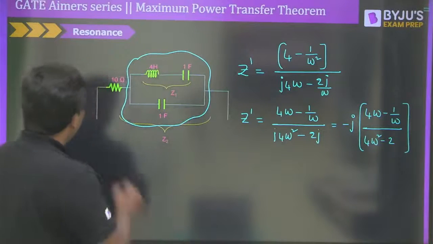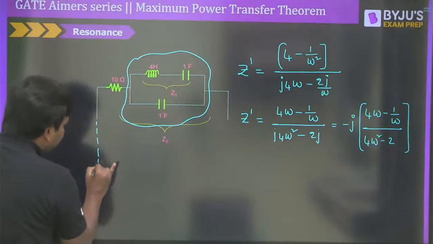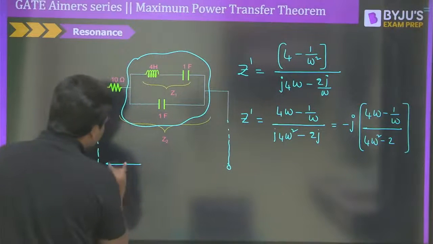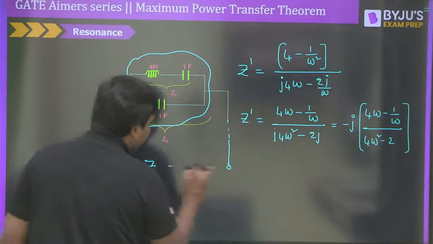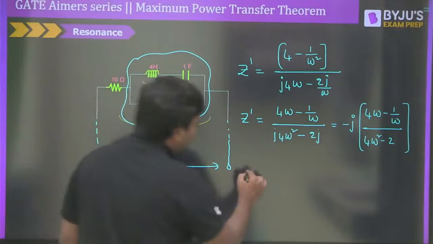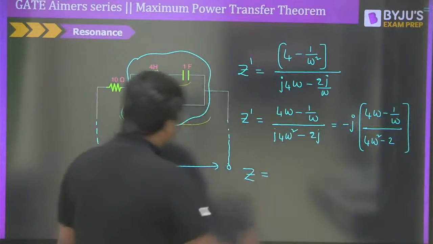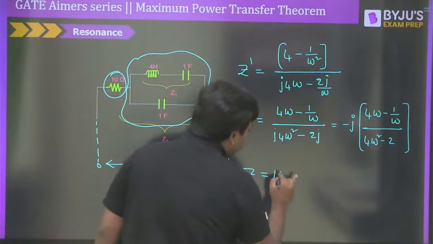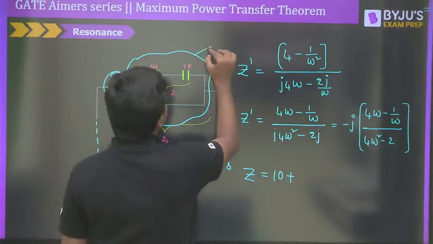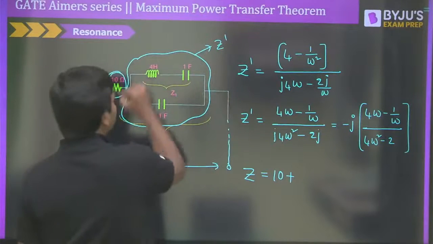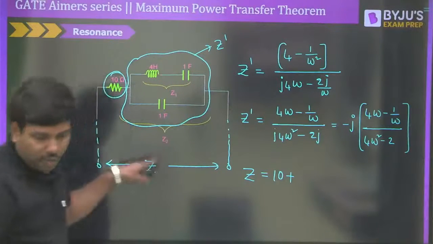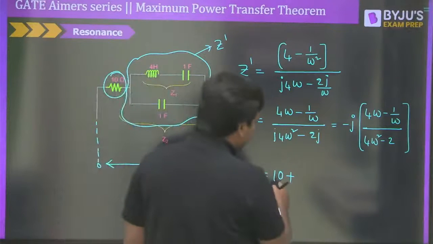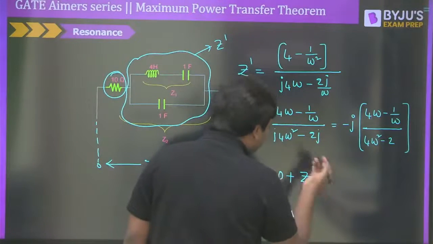But what is your equivalent impedance? Have you remembered? This is your equivalent impedance, right? So that means from here to here, whatever we are going to have, that is your final impedance. Therefore, the final impedance could be written as Z, which is equal to the 10 ohm resistance. So let me write down 10 plus, additional to that, this has to be Z dash. 10 plus Z dash is equal to Z. This is one way to write.